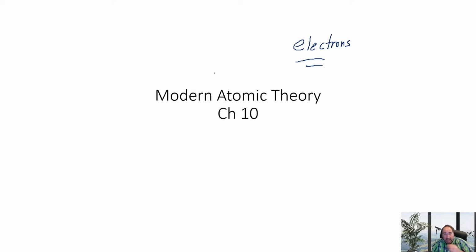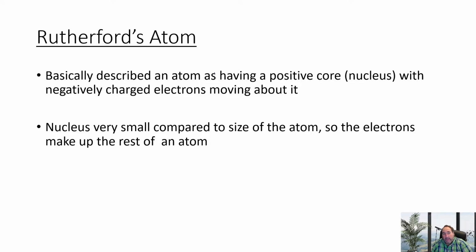So let us get into the idea of what we're talking about here. A reminder from what we talked about in an earlier chapter: Rutherford's atom was basically found to be mostly empty space. Within that empty space was a very dense positive core, and that core was our nucleus. In our nucleus we have our protons, which are positively charged, and our neutrons, which have no charge.